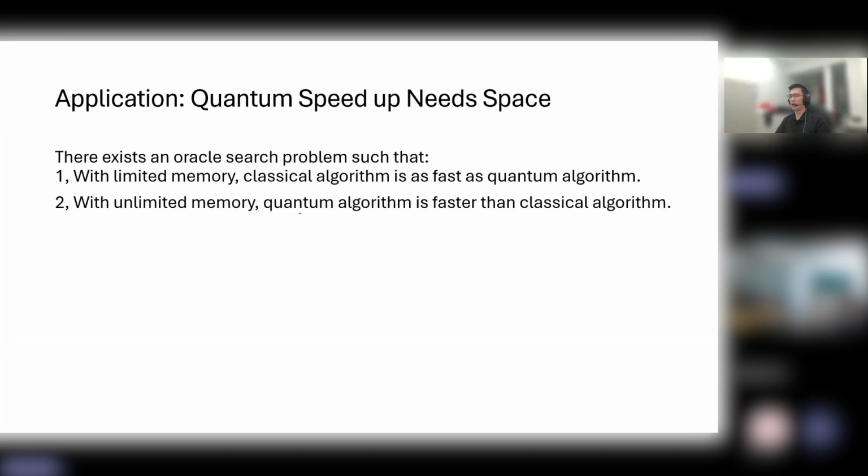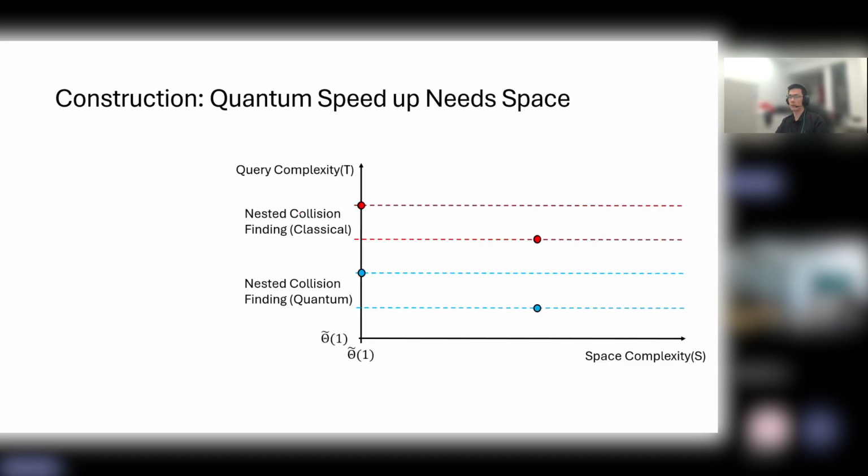There exists an oracle search problem such that with limited memory, a classical algorithm is as fast as a quantum algorithm, with optimal complexity. But with unlimited memory, quantum algorithms outperform classical algorithms. The way of constructing such a problem is very easy. It is even a black-box way.